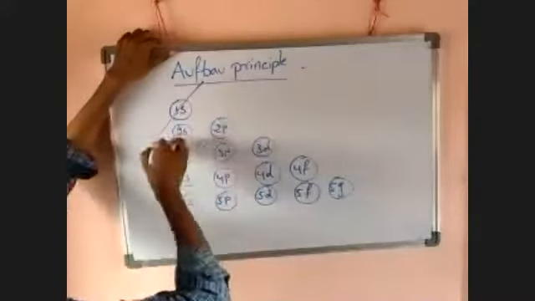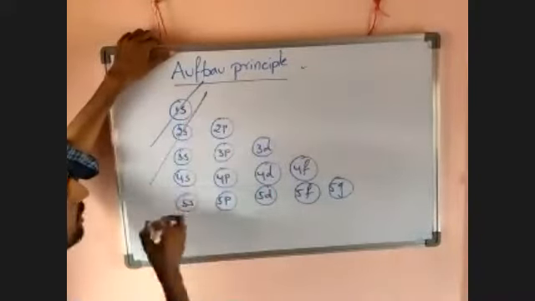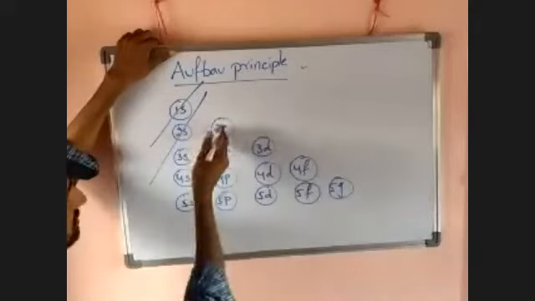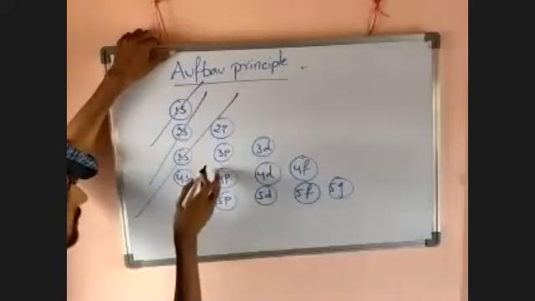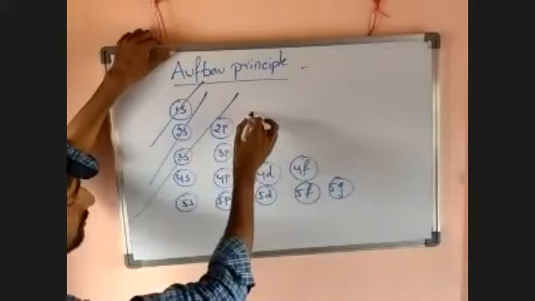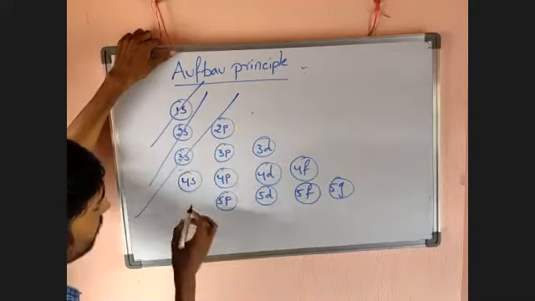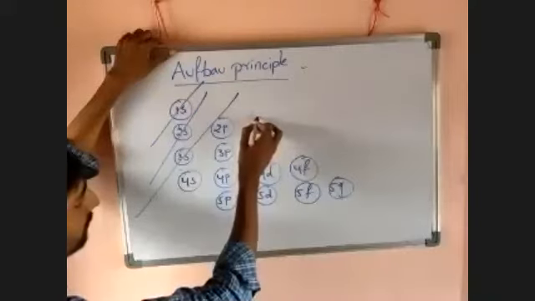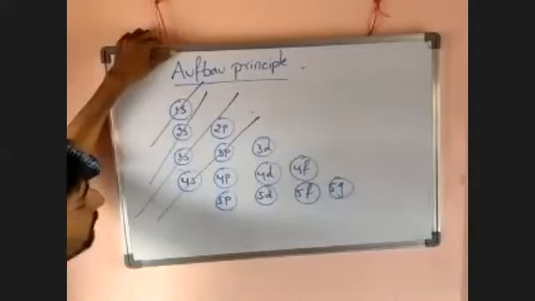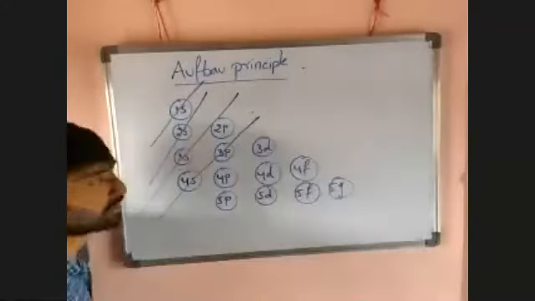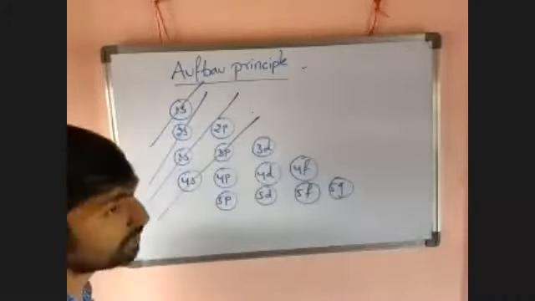So the first orbital is 1s. After completion of 1s, electrons enter the 2s.